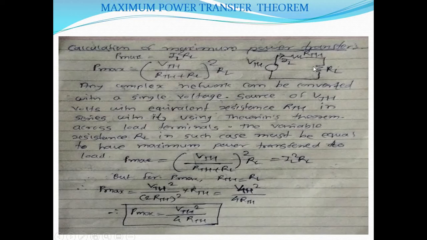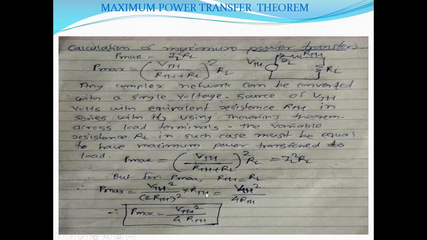But we know the condition for maximum power transfer: load resistance should be equal to the source resistance, that is in this case RL should be equal to Rth, and hence here we can write Pmax is equal to Vth squared upon, here we replace RL by Rth, so (Rth + Rth), that is 2Rth whole square, into RL replaced by Rth.